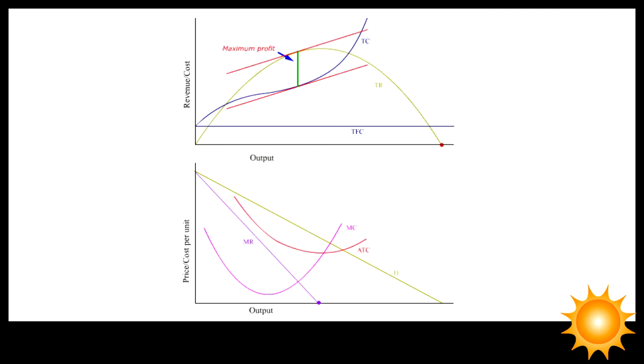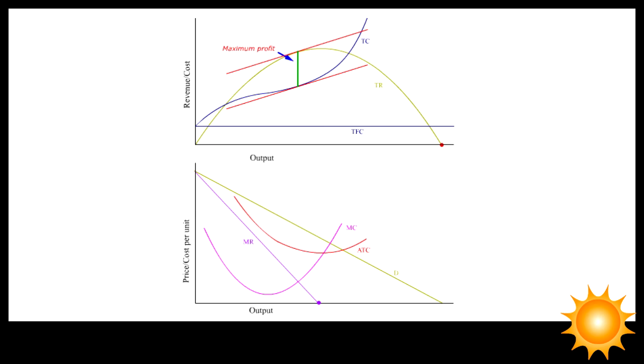The firm identifies the maximum profit output level where TR minus TC is the greatest. This output level occurs where the slopes of the tangents to TC and TR are equal.